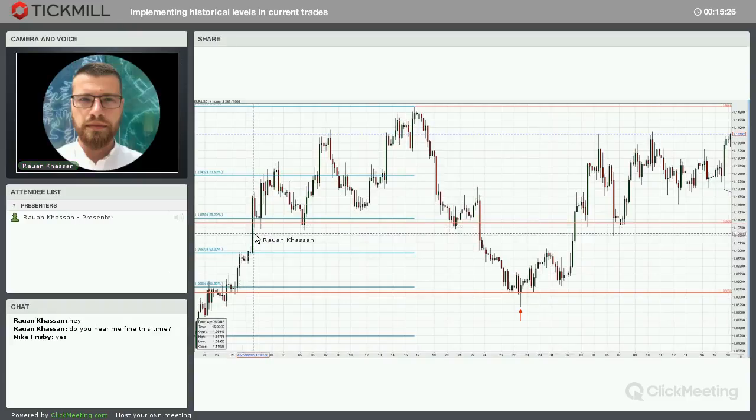So we see two spikes on 29th and 30th of April. Then we see that the candles are closed on 5th of May, just right at the level of 1.1090.